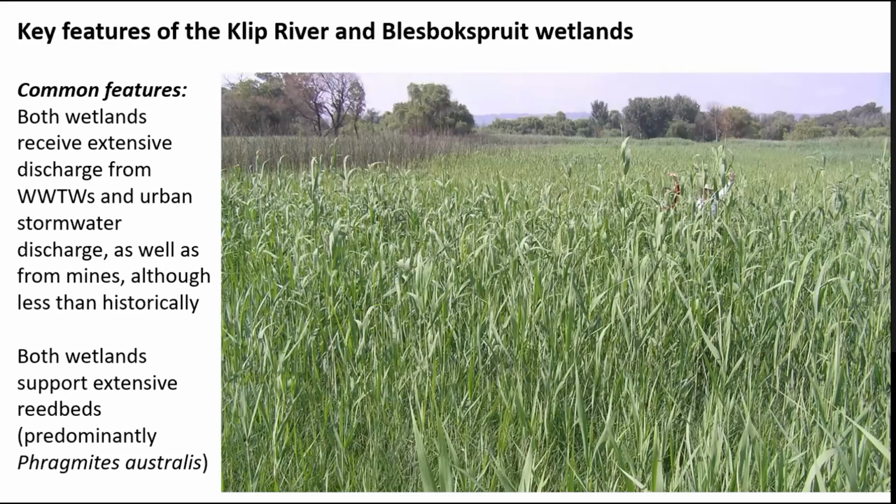Now, these 2 wetlands share some common features, and as I think most of you are well familiar, these wetlands receive extensive discharge from wastewater treatment works and urban stormwater discharge, as well as from mines, although in both cases this is less so than was historically so. And both wetlands also support extensive reed beds, you can see here, predominantly Phragmites australis.